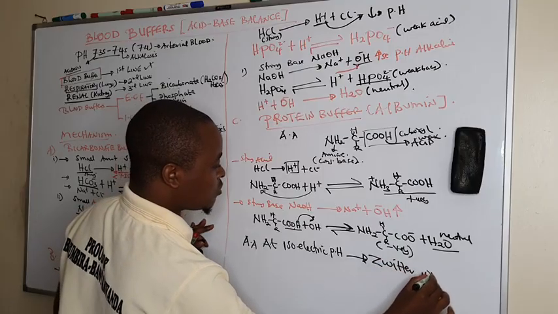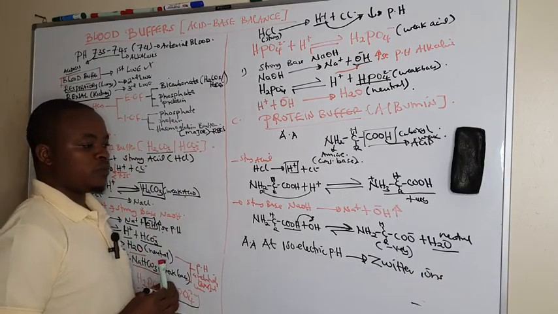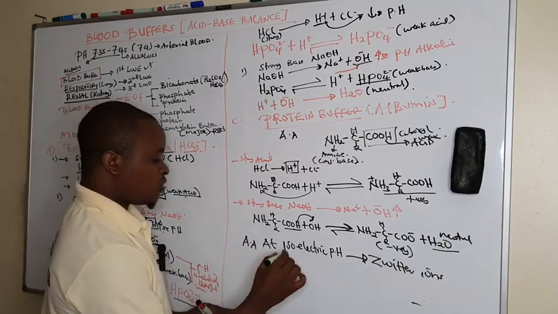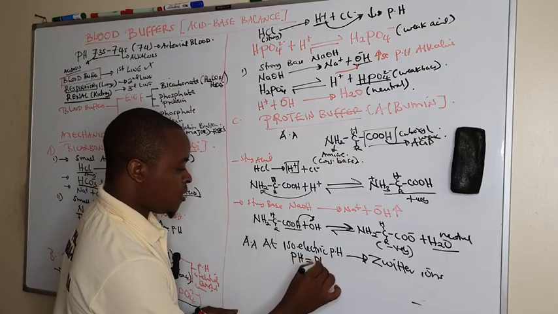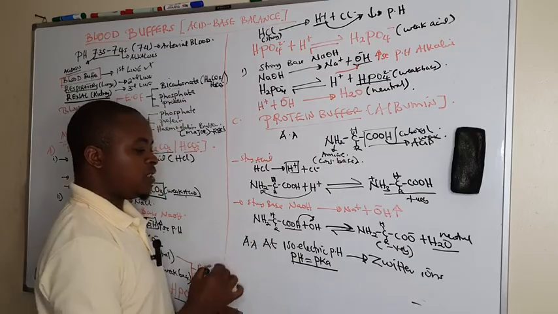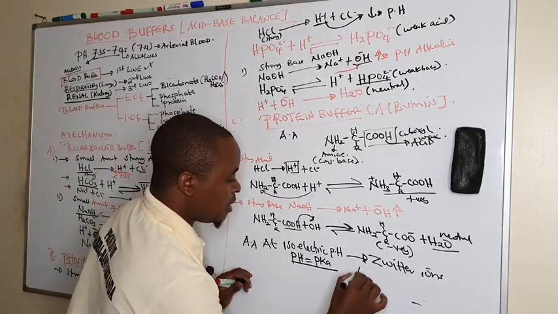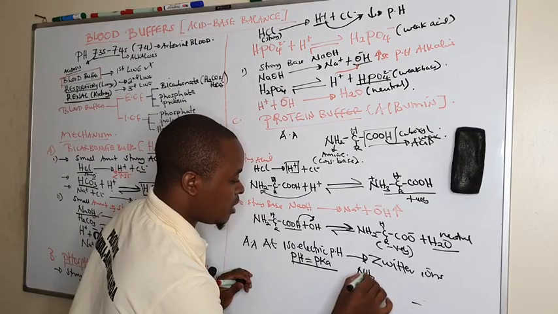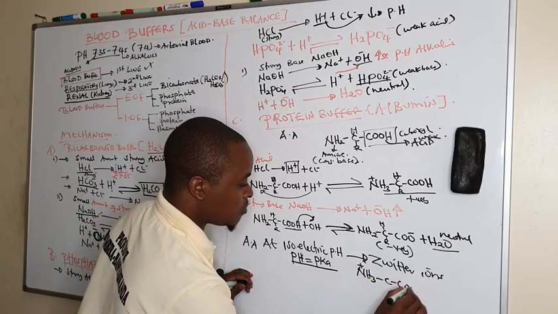How is isoelectric pH defined? It is whereby pH is equal to pKa. And when the pH is equal to pKa, it exists as a Zwitter ion, whereby it is going to have a net charge of 0.